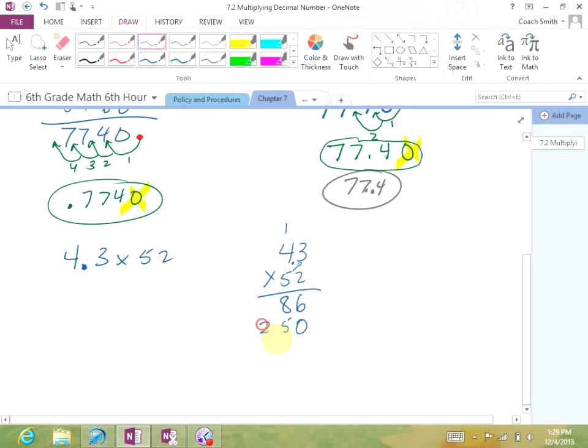Plus 1, 21. 8 plus 5 is 13. Carry my 1. 1 plus 1 is 2. I have 1 decimal place, so therefore I move it 1 time. Okay, and that gives me 223.6.